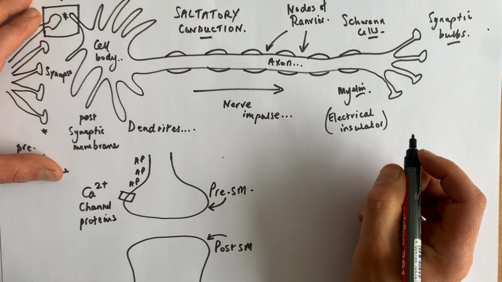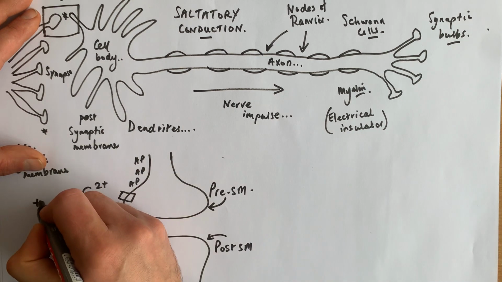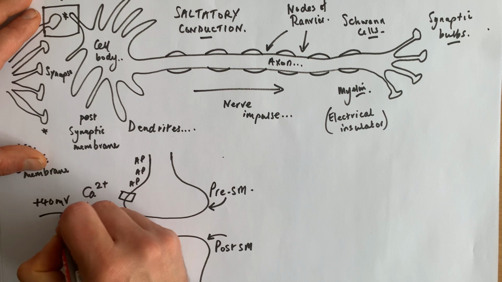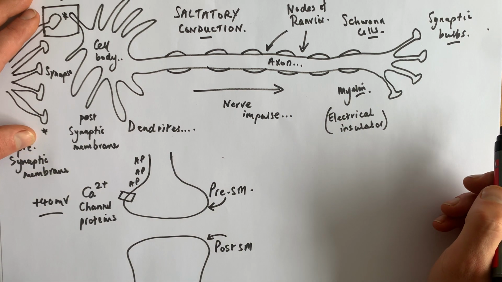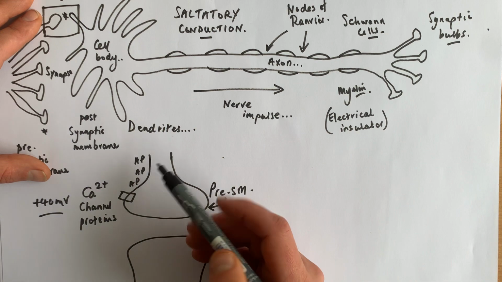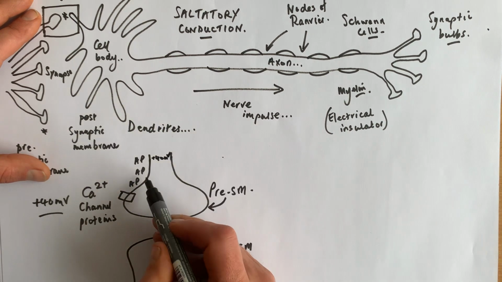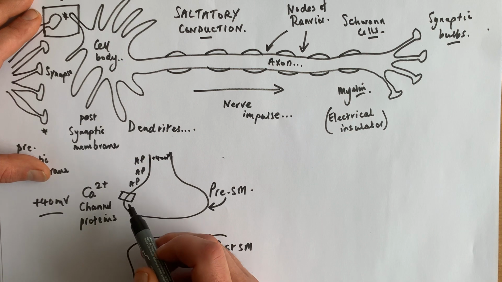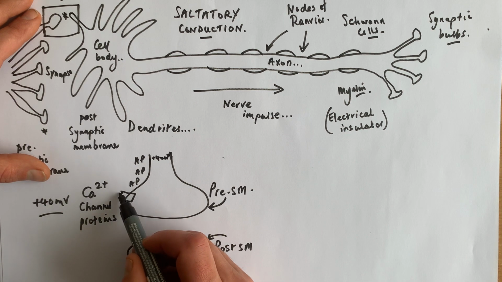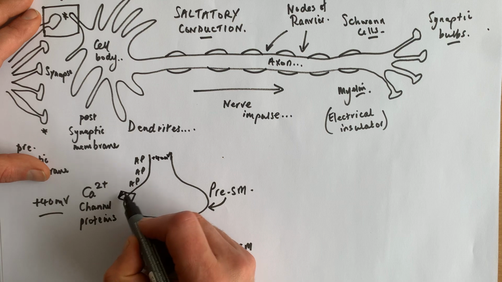So these are voltage gated, and these are going to open at plus 40 millivolts. So as the action potential, which is plus 40 millivolts, gets nearer to the presynaptic membrane, it's going to open these calcium channel proteins, which are voltage gated.